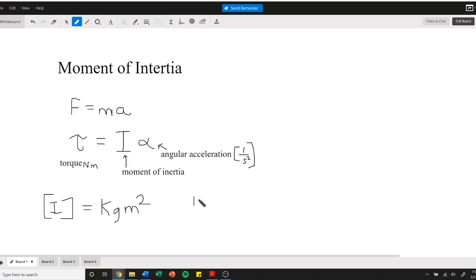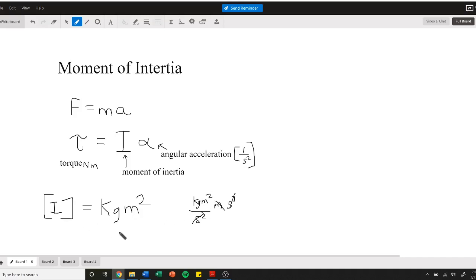So we get kilograms meters per second squared times meters times second squared, to move this to the other side. So the second squareds cancel out, and we get kilograms meters squared for a moment of inertia.